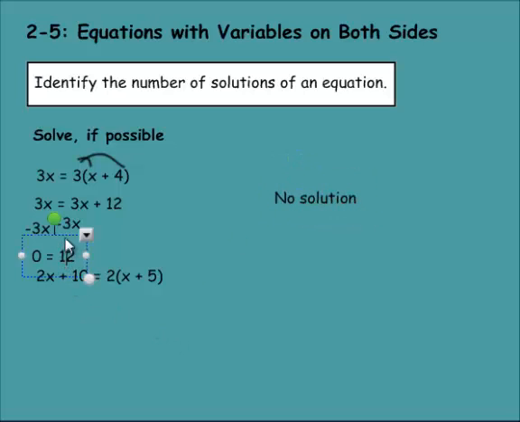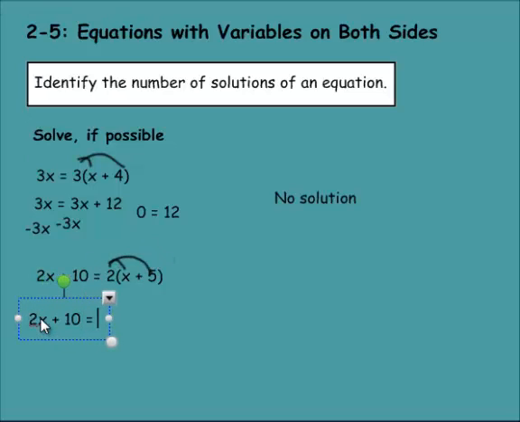Here we have 2x plus 10 equals 2 times x plus 5. Let's do distributive property here. So I have 2x plus 10 on the left equals 2 times x, which is 2x, plus 2 times 5, which is 10. And would you look at this? 2x plus 10 equals 2x plus 10.